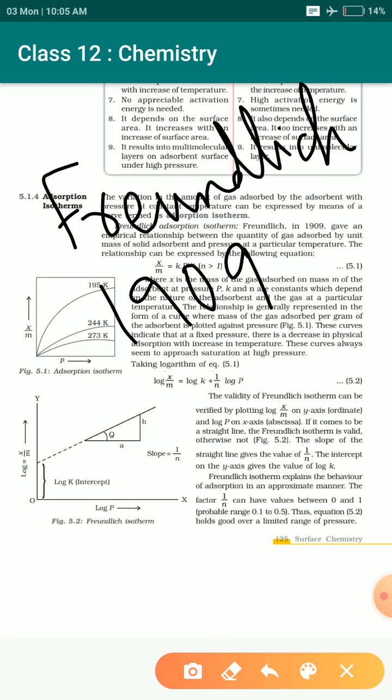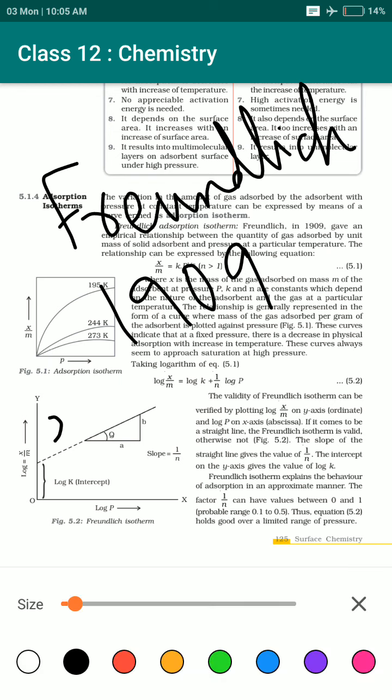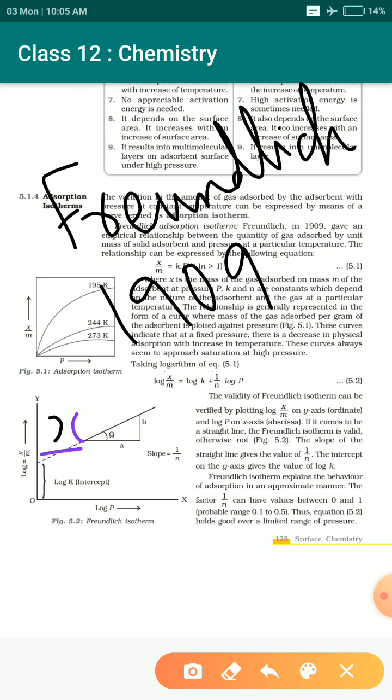Freundlich gave the expression x by m equals k into P to the power 1 by n.